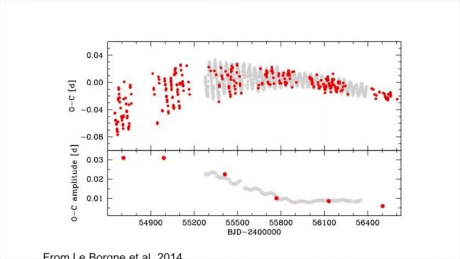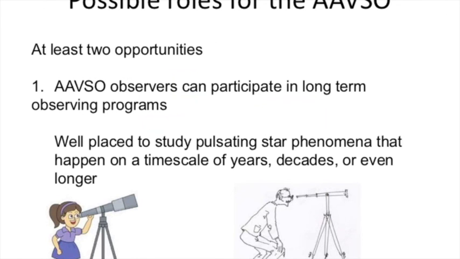But these are all observations, and why do I suggest that these are all problems that AAVSO observers can tackle? Partly because AAVSO observers can get data for a long period of time. And for a number of those projects, like the period changes, you need data not for a season, but for years, decades, centuries if you last that long.